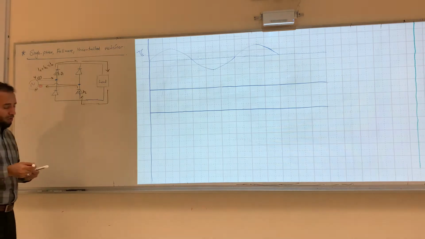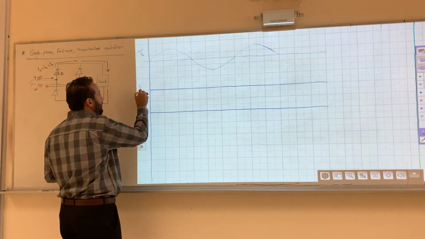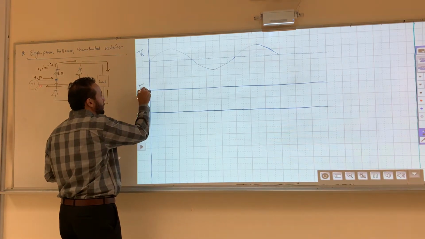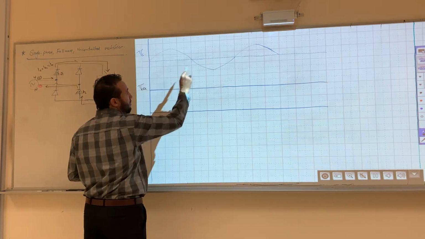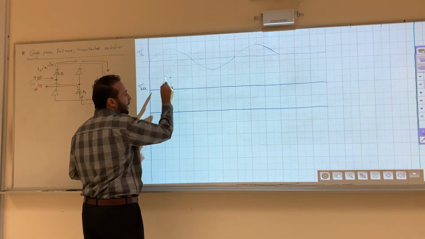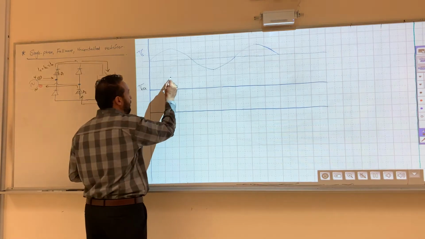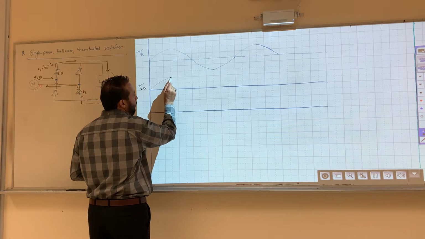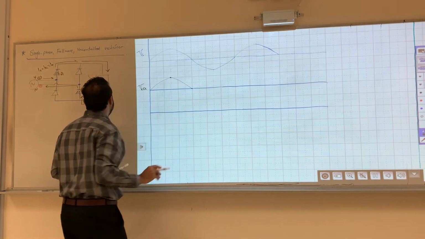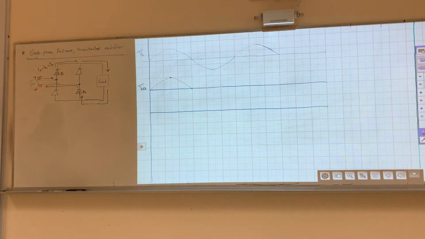So now in the output, this is V out DC, this is my V source, a sinusoidal wave. As I told you before, we will start drawing from the peak. So I'll go from the peak here to 0. That's what I get up to now. Half wave.